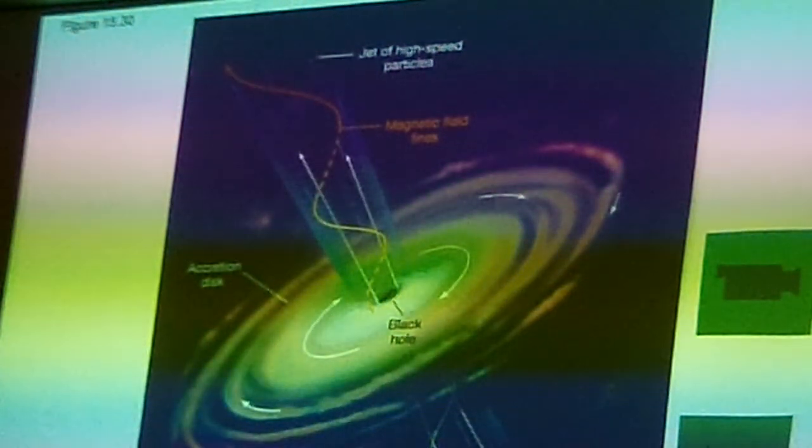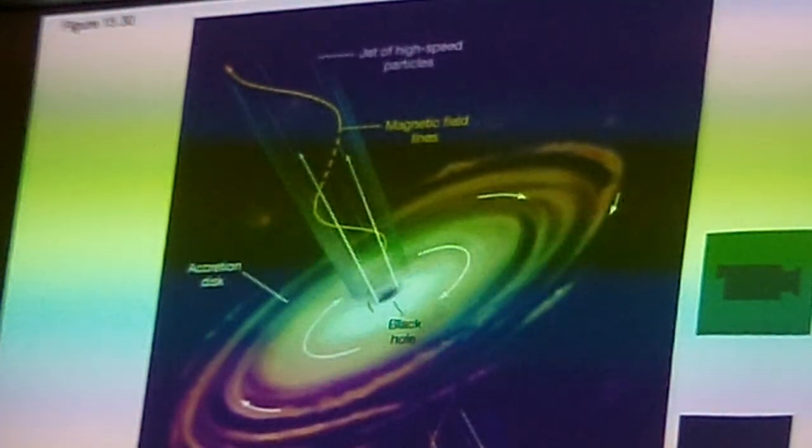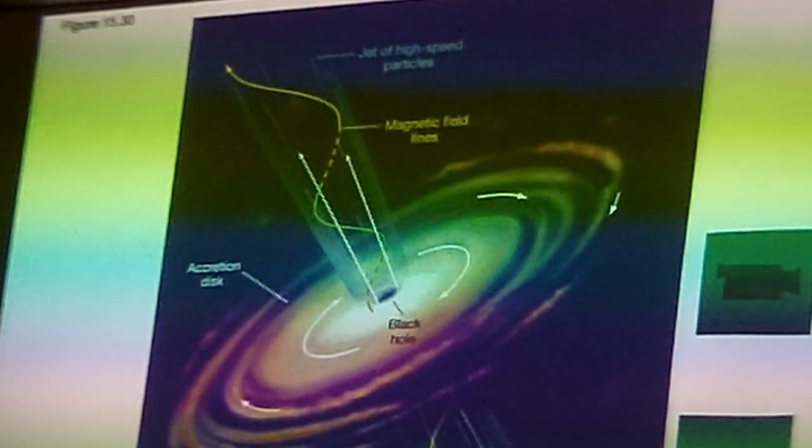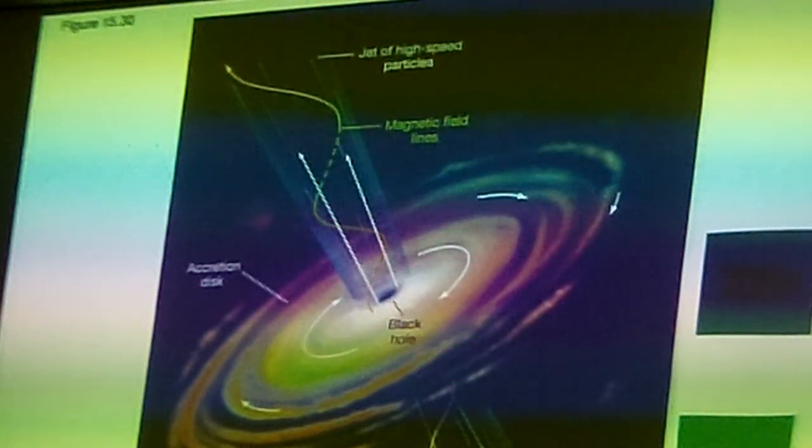And if material is falling into a black hole, it's kind of like when you're going down a drain. You ever watch water go down a drain? It kind of curls around slowly, and then as it gets near the middle, it speeds up.